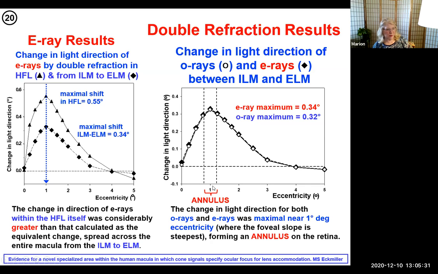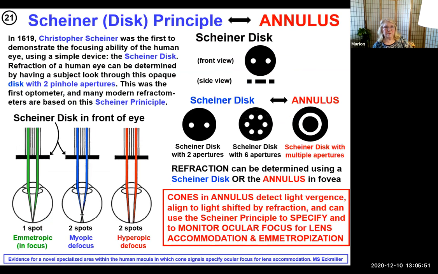And on the whole retina, the fovea forms an area that is shaped like a ring or an annulus. So this is located where the slope of the fovea is maximal. So one important thing is that the O-rays and the E-rays were orthogonal to each other.